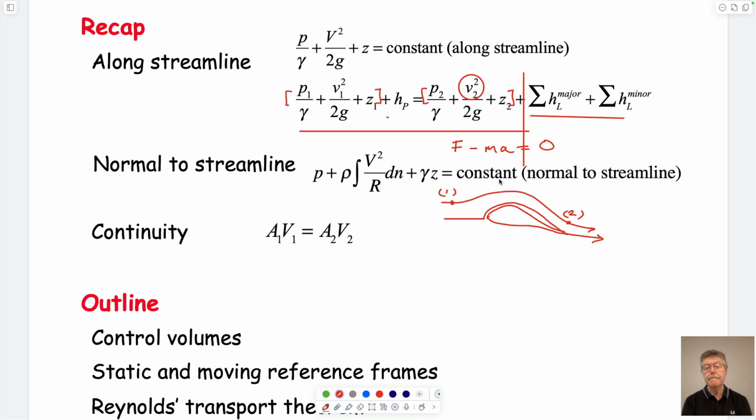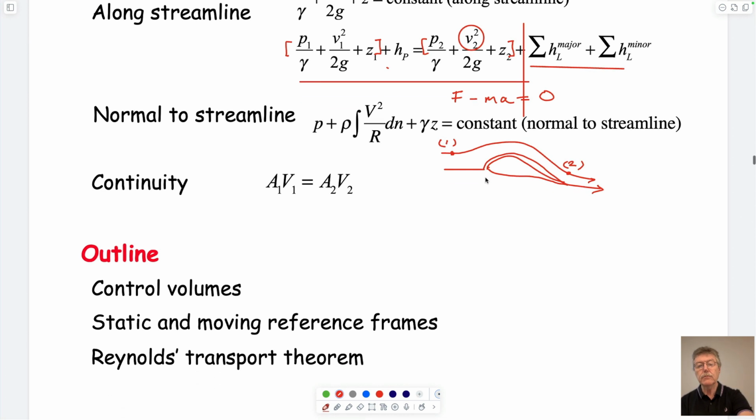What else? The other thing that we'd have talked about last week, which is useful to recap, is that we can also think of this as not just streamlines. We're interested in flow along the streamlines, and we're interested in flow normal to those streamlines.